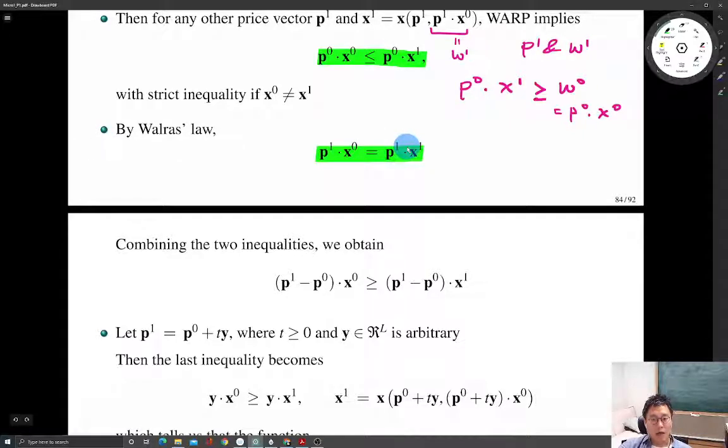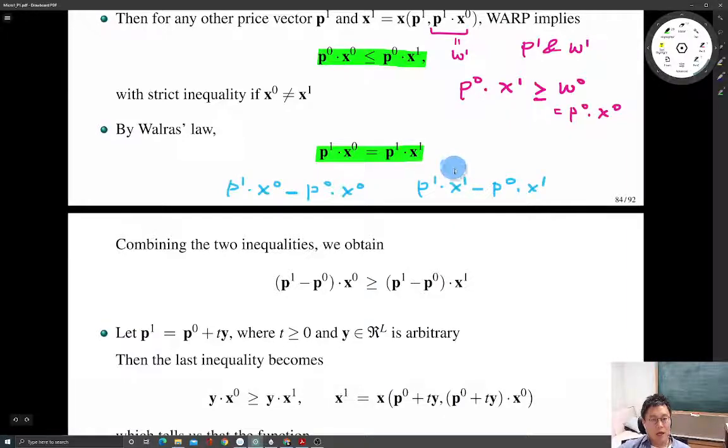On the left-hand side, I have P1 dot X0 minus P0 dot X0, and I can factor out the common factor X0. On the right side, I have P1 dot X1 minus P0 dot X1.